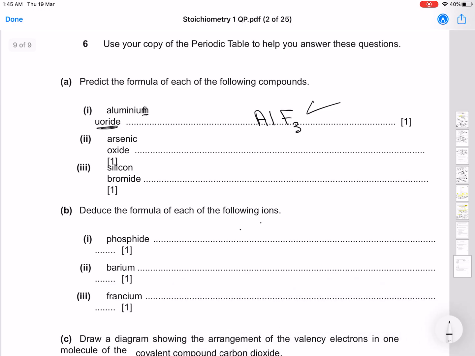Okay, now let's check the arsenic oxide. Oh, I don't know where the arsenic is, right? So let's go back to the periodic table. You will find the arsenic in, where is it? I'm still looking. Just give me a minute. It's hiding somewhere.